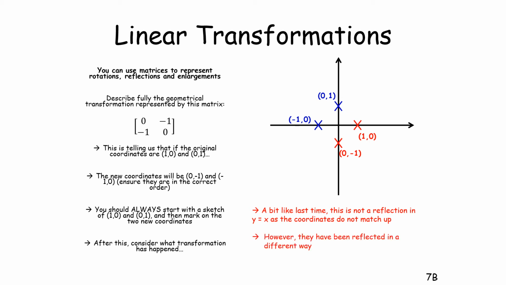However, they have been reflected in a different way. If you look at the reflection in y equal to -x, you can see the coordinates match up. So the transformation is a reflection in the line y equal to -x.